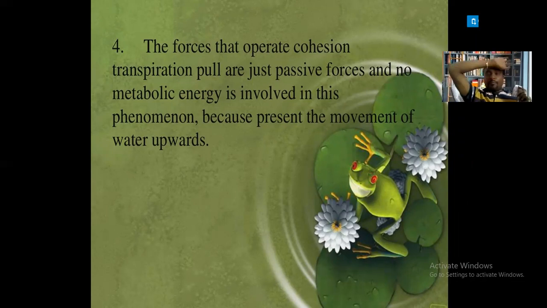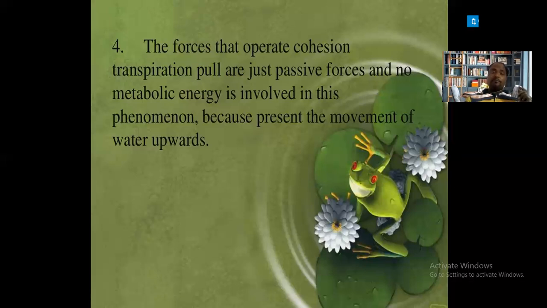By the process of transpiration, transpiration pull is developed, and by these two forces, cohesive and adhesive forces, the water column is maintained in the xylem vessel. This water column and the transpiration pull work together for the uplifting of the water in the xylem vessel, and ascending of the water takes place in this manner. Getting it? So this is a very important phenomenon.